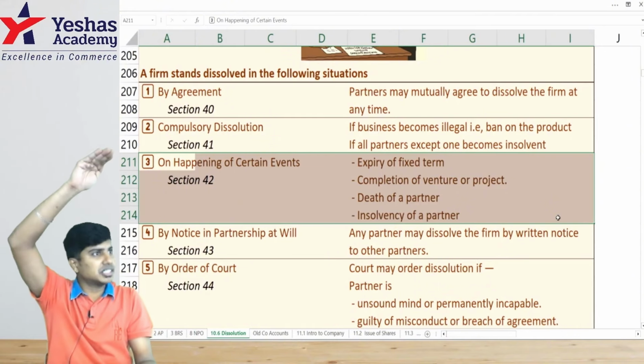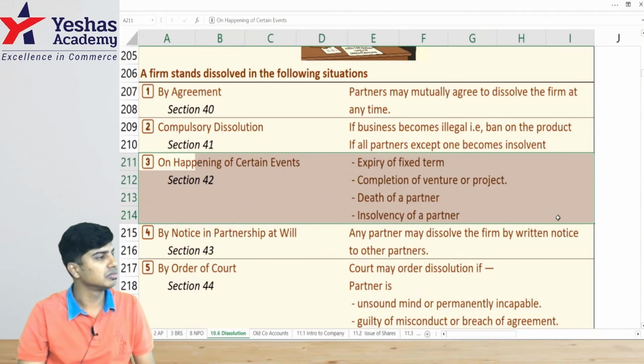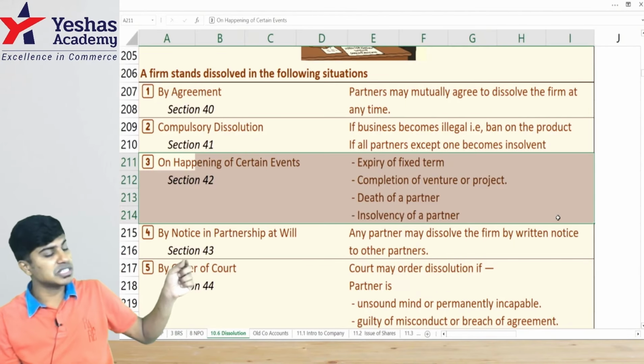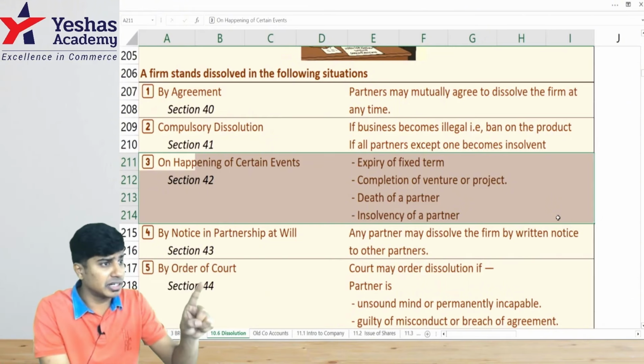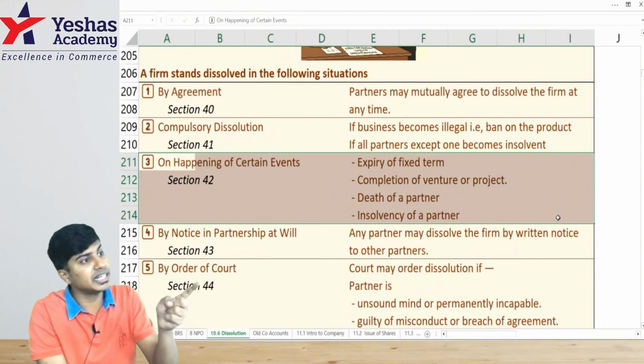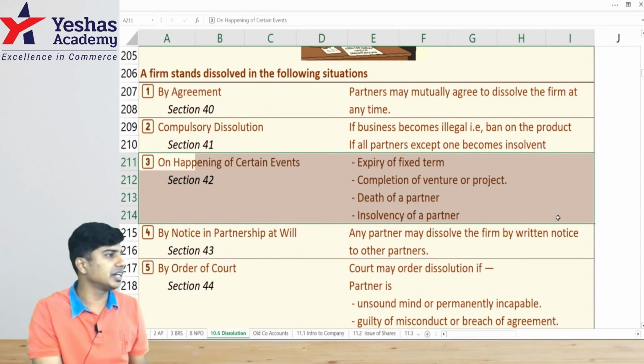Once the building construction is complete and the flats are sold, our partnership firm is dissolved. So, on completion of a specific venture, and in the case of death of a partner, it is usually dissolution of the partnership firm unless they immediately enter into a new agreement, because you cannot have an agreement with a dead person.